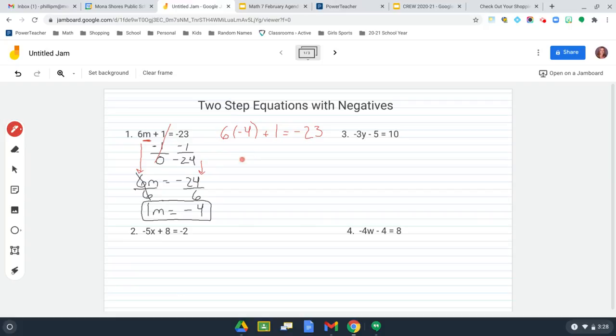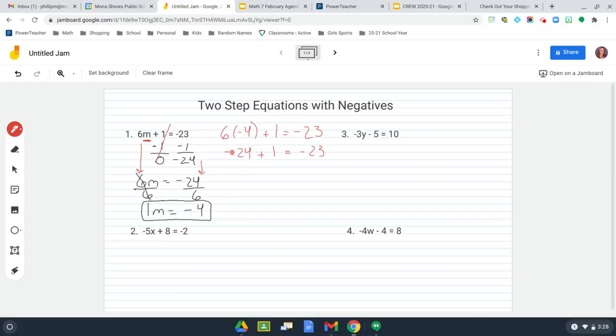So I'm checking to make sure that my answer is correct. 6 times a negative 4. When you multiply by one negative, 6 times negative 4 is negative 24, plus 1, equals negative 23. So I'm looking to see, does it balance on the left and the right?